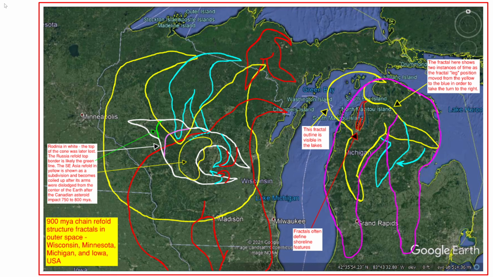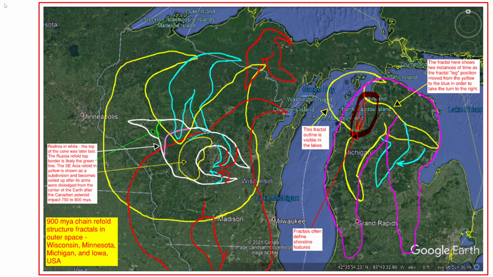Okay, you see a bunch of refold structures here in Wisconsin, Minnesota, Michigan, and Iowa, USA. Some things to point out here. I'm going to circle this little guy here in red. His whole body is forming that coastline there of the Great Lakes. So it's like I said, a lot of times it's almost as though the DNA of the Earth is these refold structures.